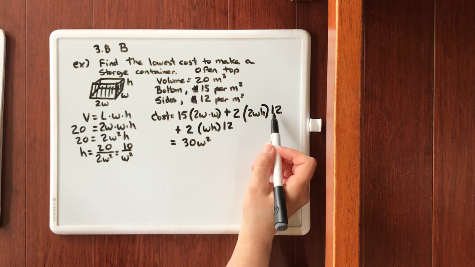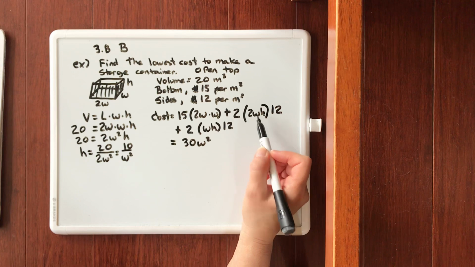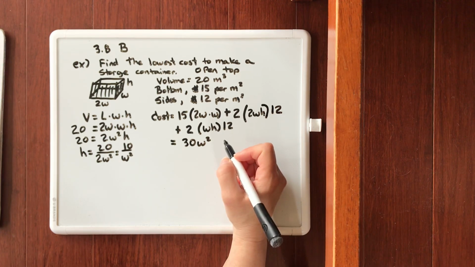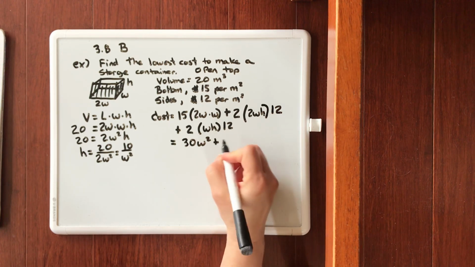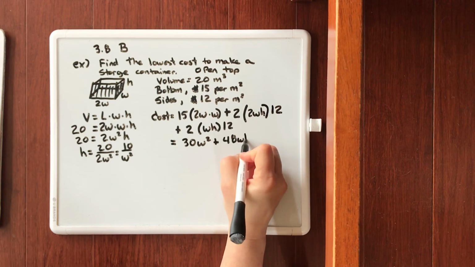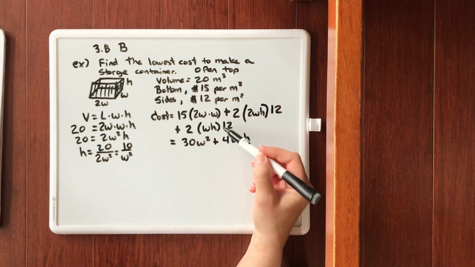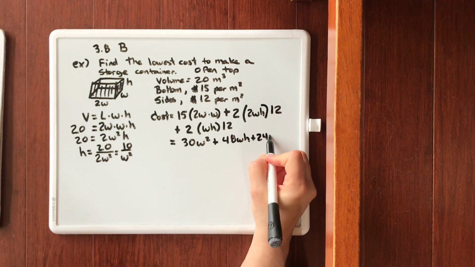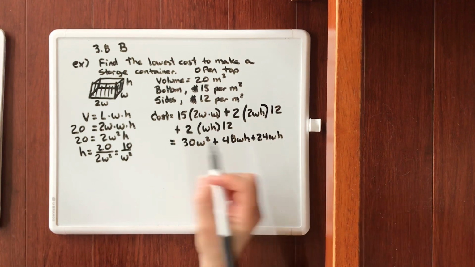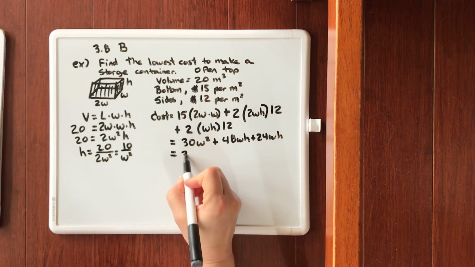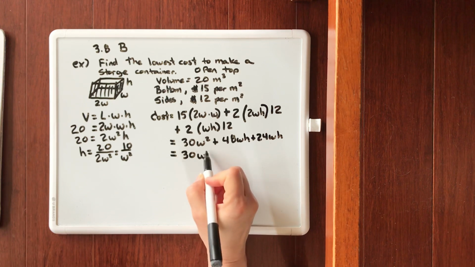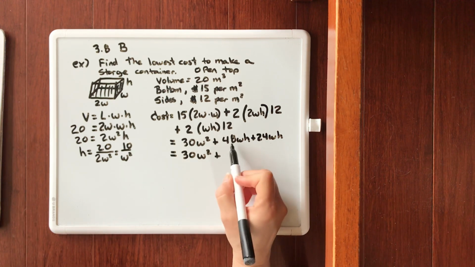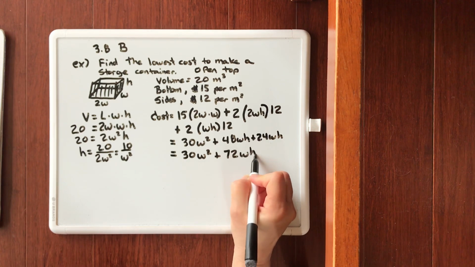Here we have 4 times 12 is 48 WH, and then we're adding here 24 WH. So altogether, our cost function is going to be 30W squared plus 48 plus 24 is 72 WH.